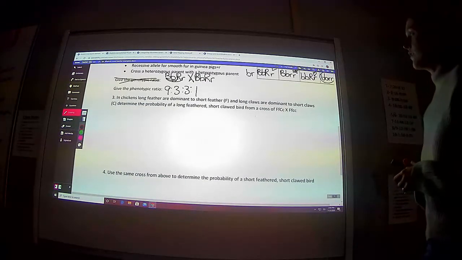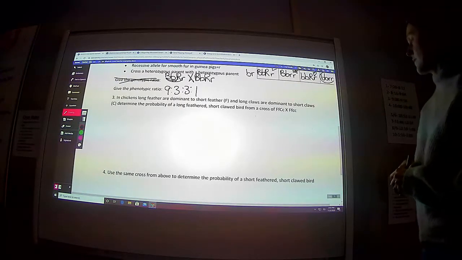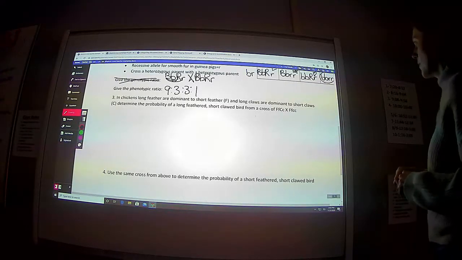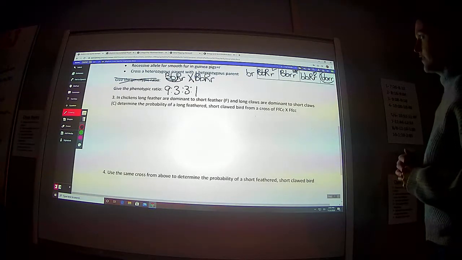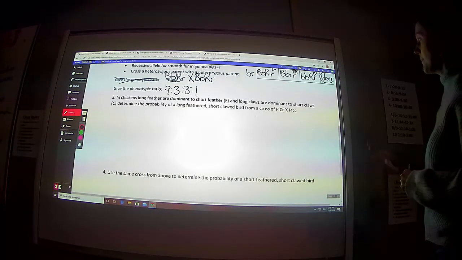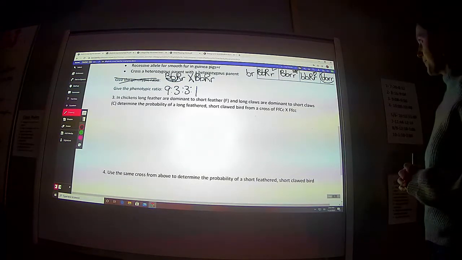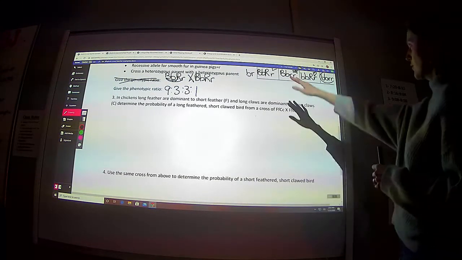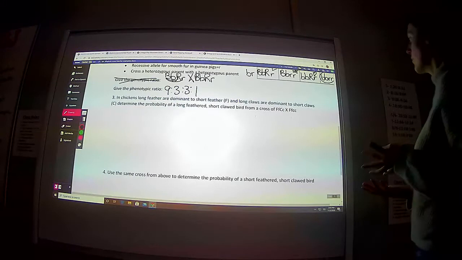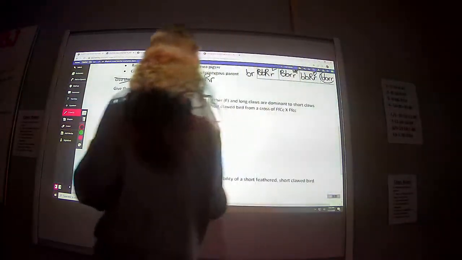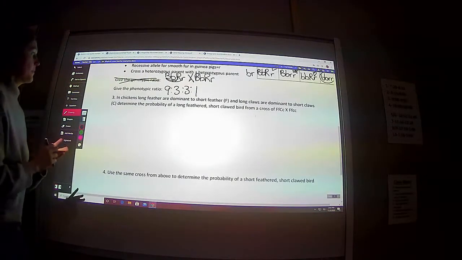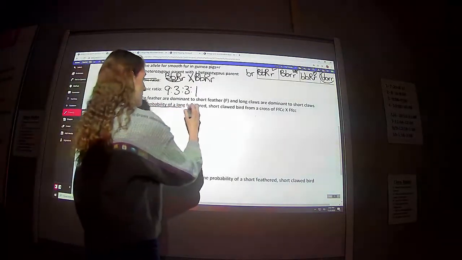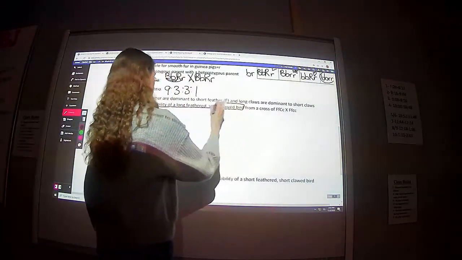In chickens, long feathers are dominant to short feathers, capital F, and long claws are dominant to short claws, capital C. Determine the probability of a long-feathered, short-clawed bird from this cross here. So you could go through, make 16 squares and do the whole gambit there. Or, to make it a little bit simpler, since we are determining the probability of a certain type of bird here, we know exactly what we're looking for.